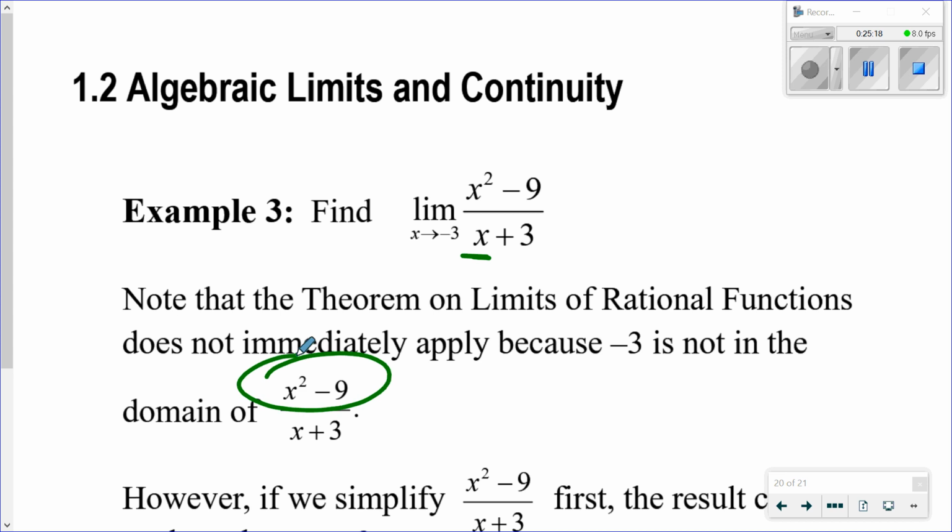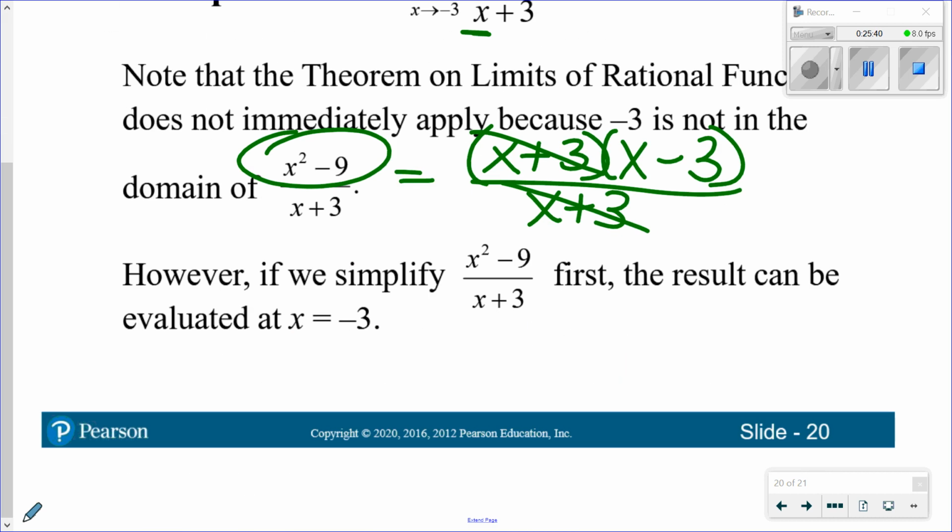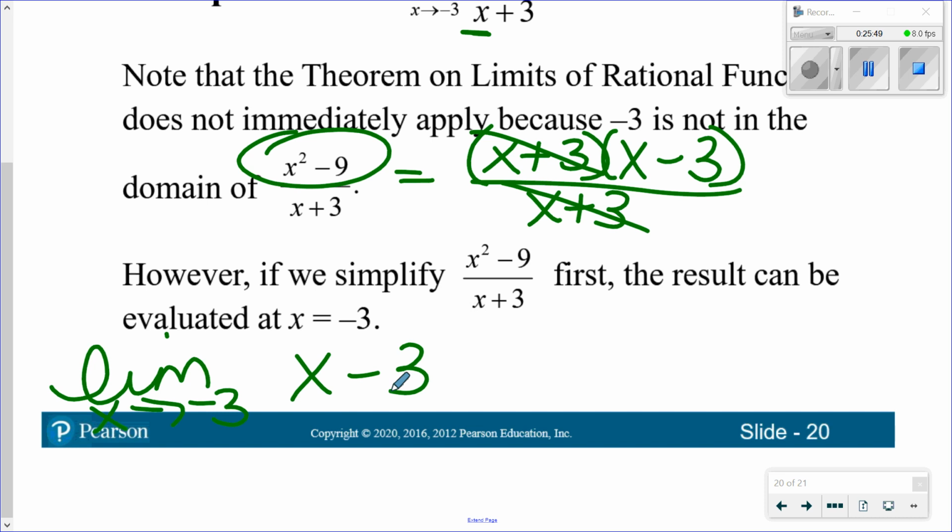If I have x squared minus 9, that factors. So that's going to equal x plus 3, x minus 3, and that's going to be over x plus 3. Okay, I have an x plus 3 on the top and an x plus 3 on the bottom, so I can simplify that fraction. And when I do, I have the limit as x approaches -3 of x minus 3.